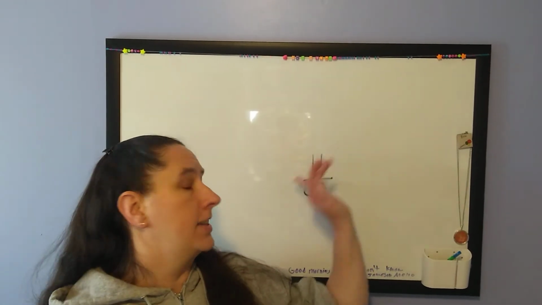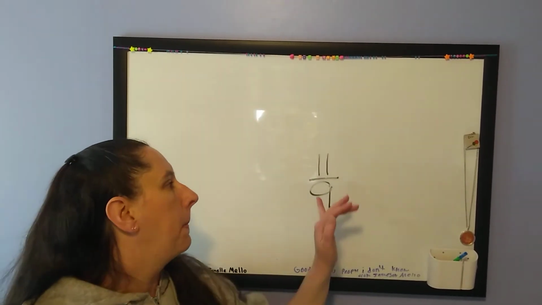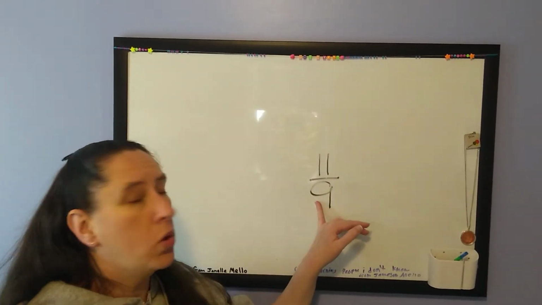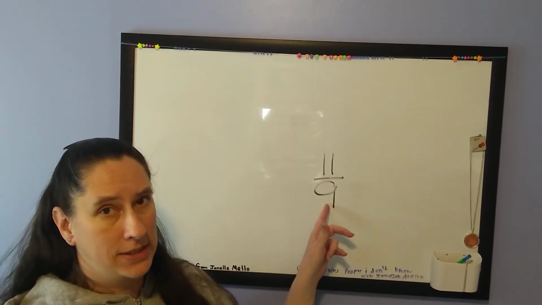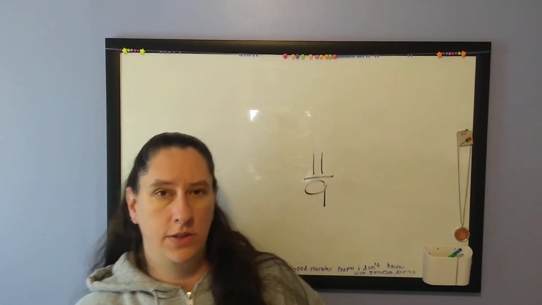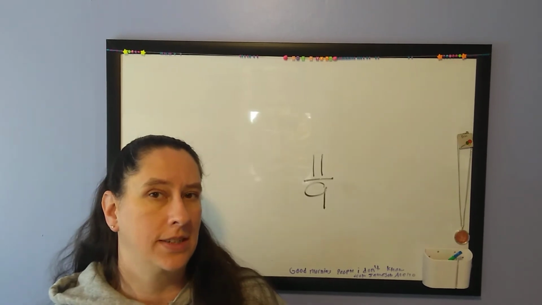If your numerator is larger than your denominator, then this is an improper fraction. This means that I have more than a whole. I have one whole pizza, because it takes 9 slices to make a pizza, and then I'll have 2 extra slices as well. So I would have a whole pizza and 2 extra slices.